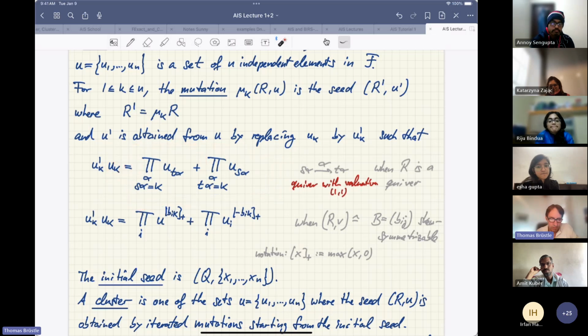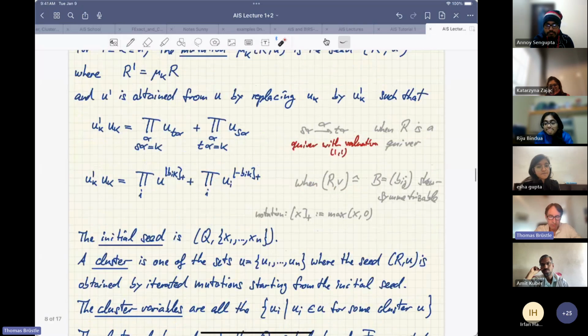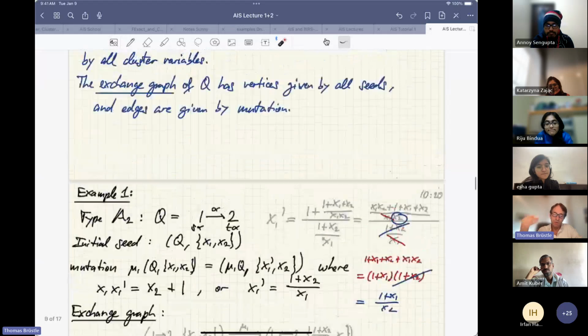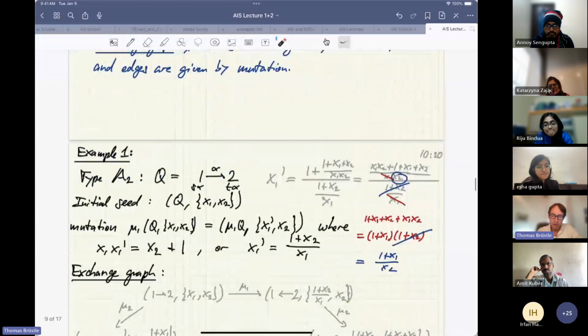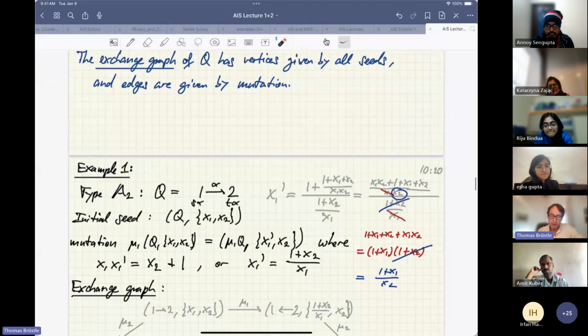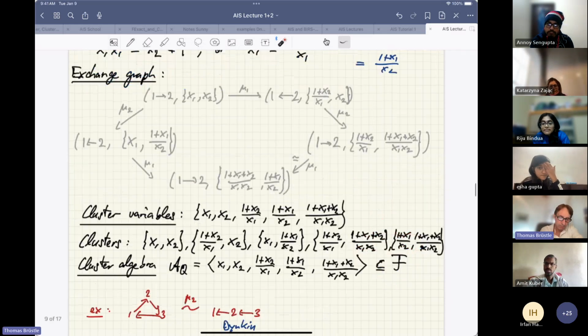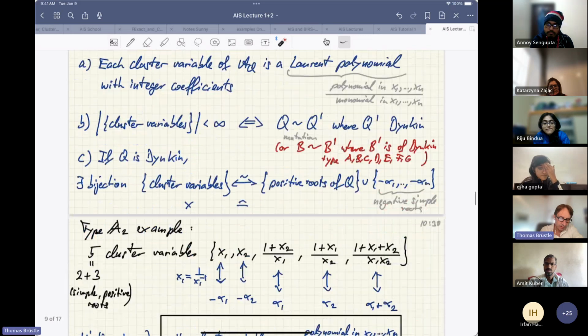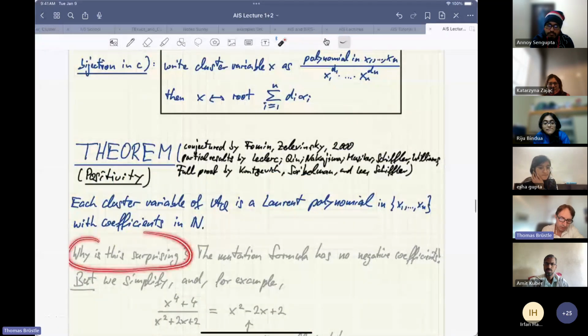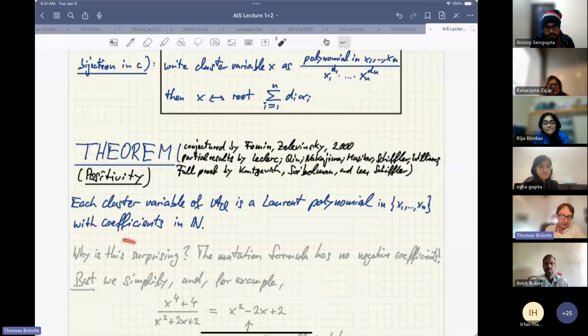So there are only positive coefficients. So where's the problem? The problem is that in computing the cluster variables and in writing them as actual Laurent polynomials, we do some simplifications. We divide, we simplify those polynomials. We do some factorization, right? And in general, why is this a surprising result?